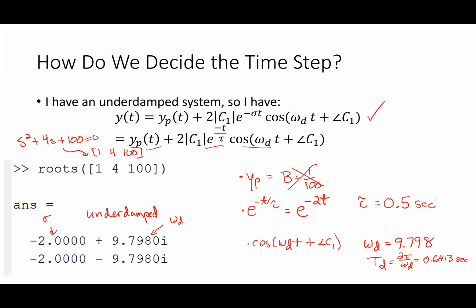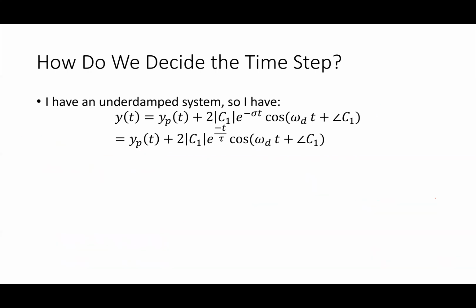So I have that information, and now I need to use it to choose my time step. We said yp doesn't really have any effect on my time step. So let's look at the exponential and the cosine term. We said that exponentials basically decay in 5 tau. So I want to choose my delta t to be much, much less than 5 tau.